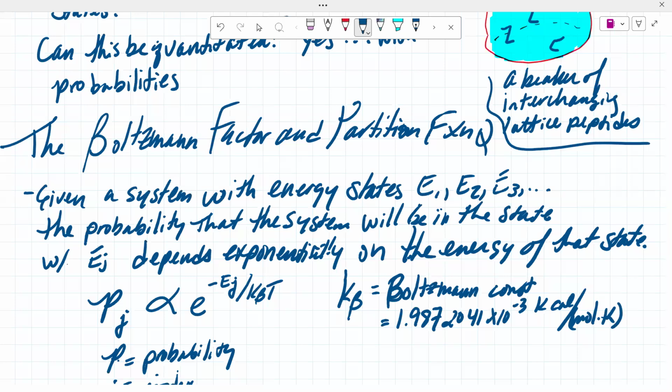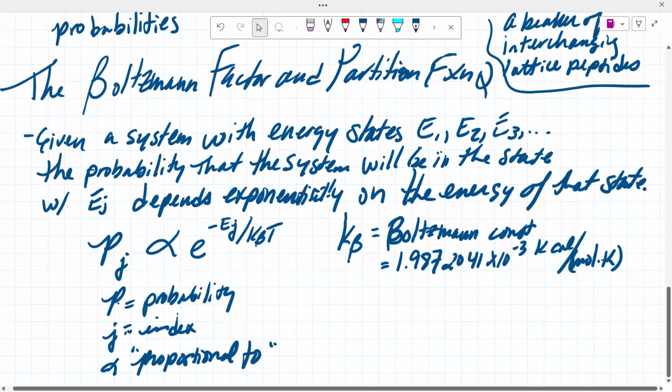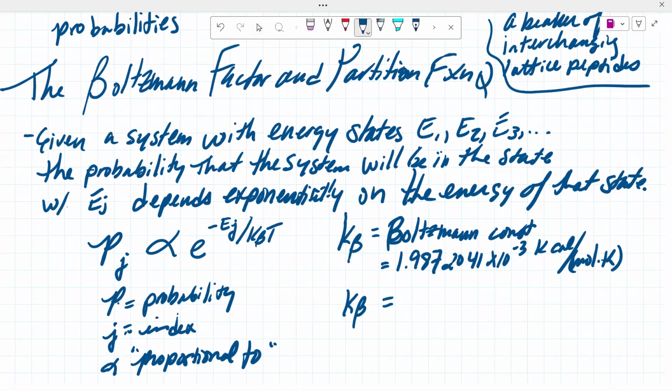They're both in the denominator. kB is also equal to the real gas constant divided by Avogadro's number. So we need to note some of these things.